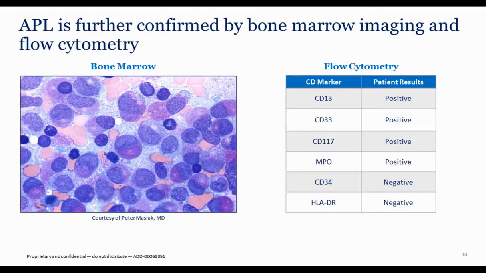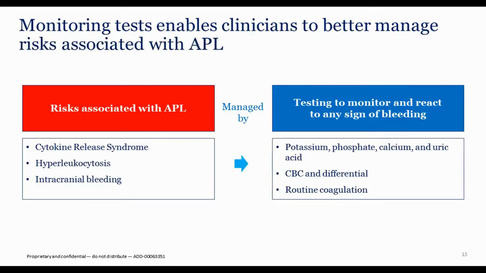And when we look at the flow cytometry, we have CD13, CD33, CD117, and myeloperoxidase are all positive. And in patients with APL, CD34 is usually negative, along with HLA-DR. So this would then be further confirmation that we're dealing with a case of APL.